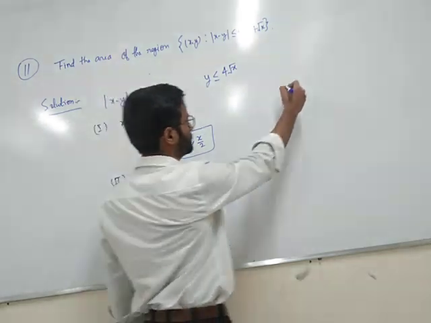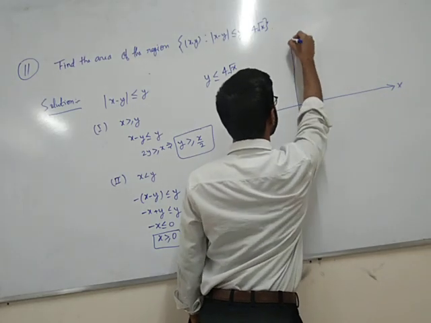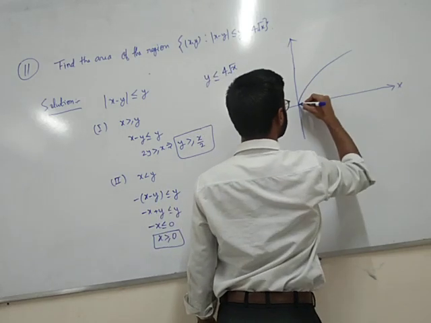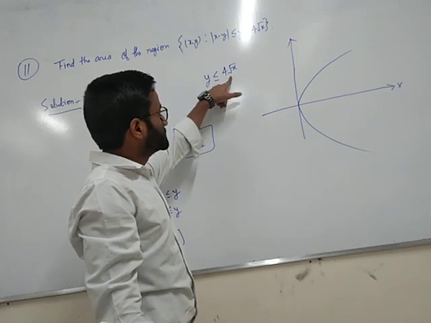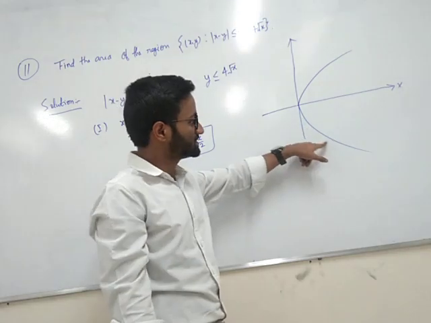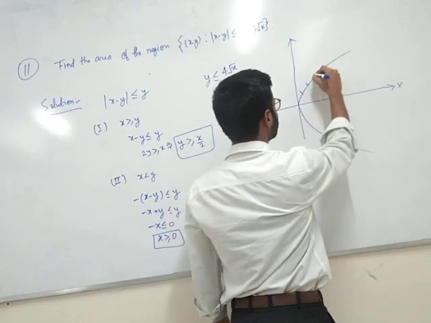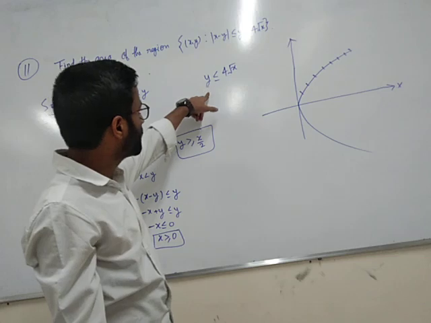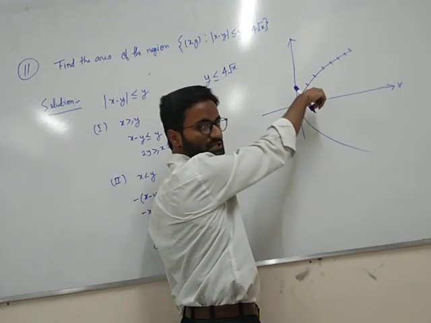And if you observe carefully, this is y square equal to 16x, and this is positive. So we take the upper part only. But if this was negative, we would take the lower part. But this is only positive, so we take this part, okay, and we remove this part, and it is y is less than, so it means we have to take the part below this line.